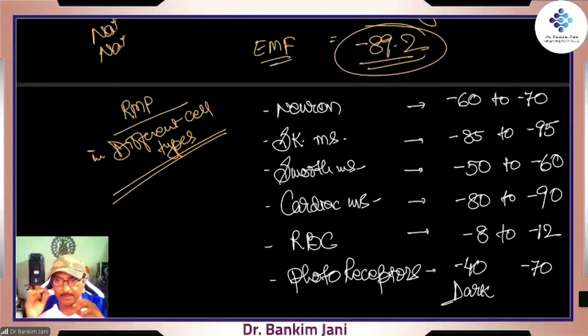That means the eyes are more sensitive in the dark, because from -40 it will come to 0 very fast, but from -70 it will take time. That's the reason that in dark the receptivity is much higher, and -70 when it is light. These are the average potentials.